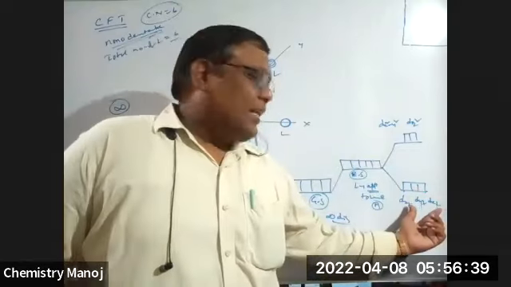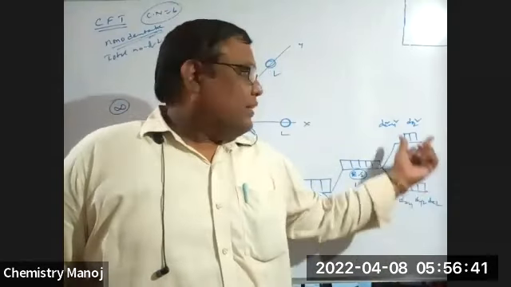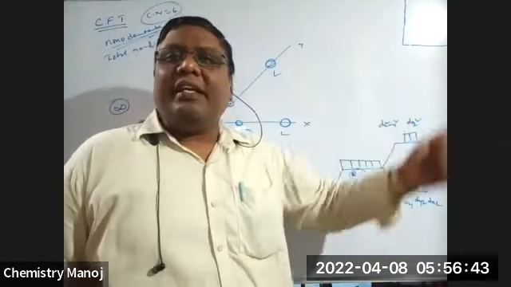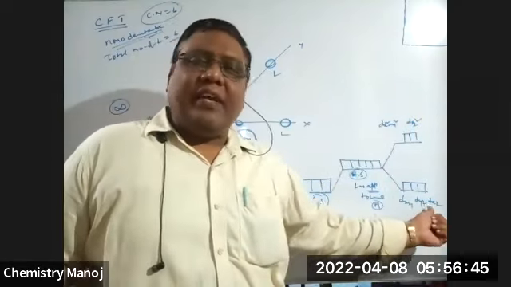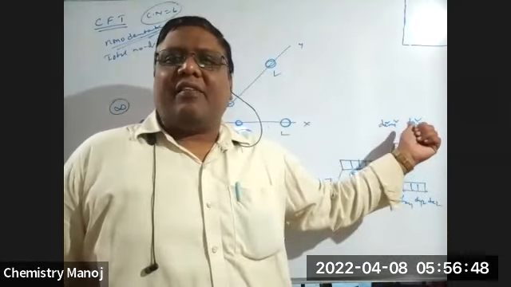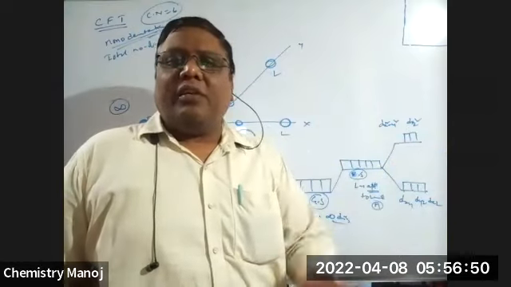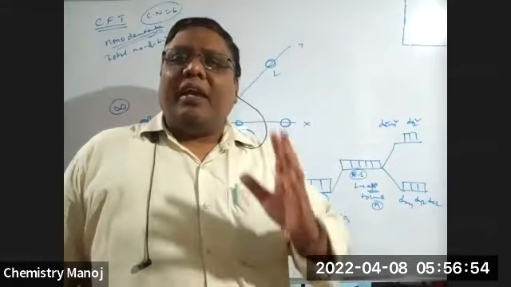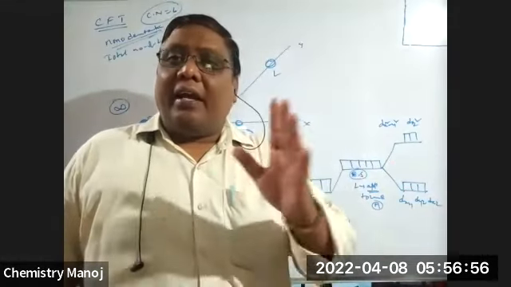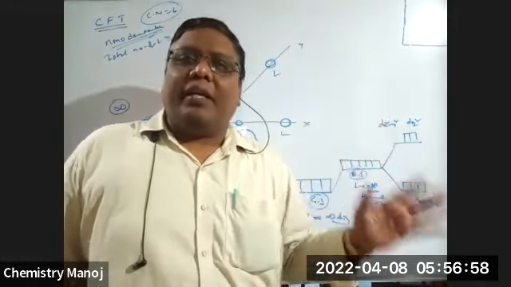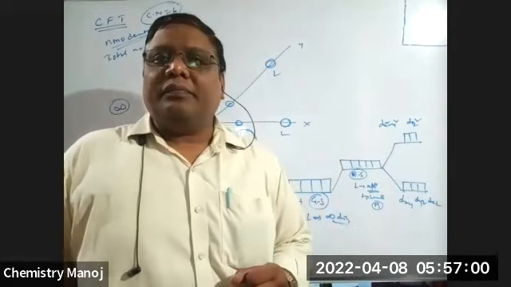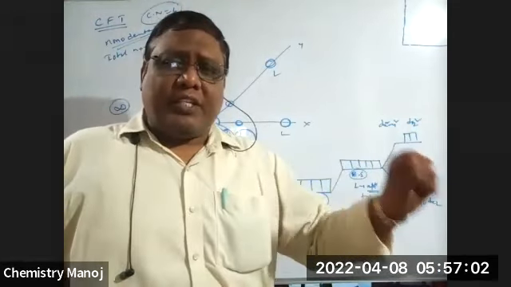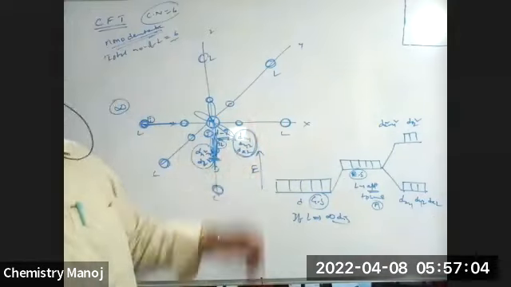The 3-set orbitals are the t2g orbitals, and the 2-set orbitals are the eg orbitals. These are xy, yz, xz orbitals, and these are x square y square and z square orbitals. So it is due to variation in the repulsion between electron pairs on the ligand and electrons present in the d orbitals of the metal. This splitting is totally due to that repulsion.